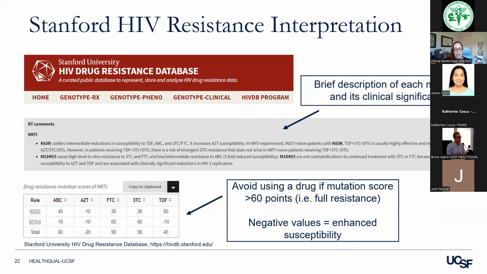And then negative values are enhanced susceptibility. So if you look at AZT here, you can see there's a negative value because you have enhanced susceptibility. Whereas if you look at abacavir, emtricitabine, and lamivudine, they're super high. So 60, 90, 90, those are fully resistant, and then the tenofovir is 40, so some residual activity, but not full activity.